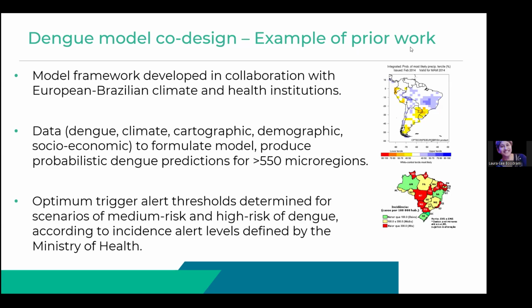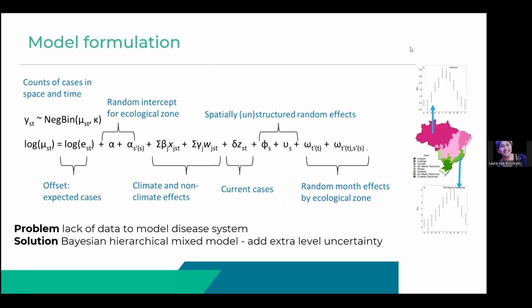And they were actually able to come up with probabilistic dengue predictions for greater than 550 of the microregions within Brazil itself. And what they would have done was establish certain trigger alert levels that would allow for determination of low, medium, and high risk for these different areas. Okay, and all of this would have been piloted during the World Cup at the time.